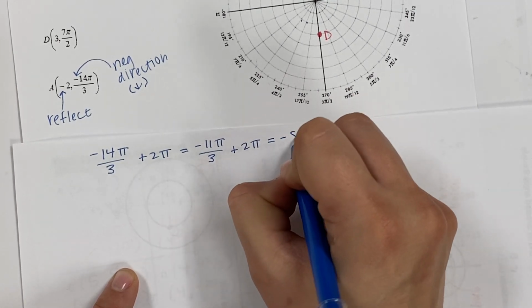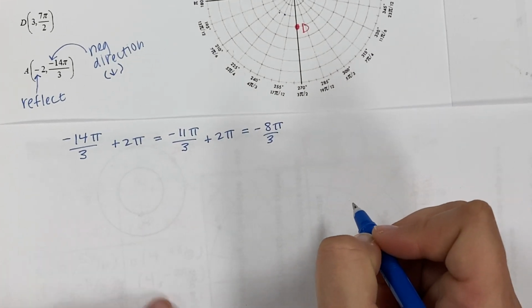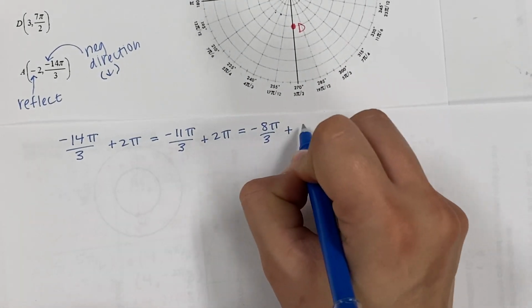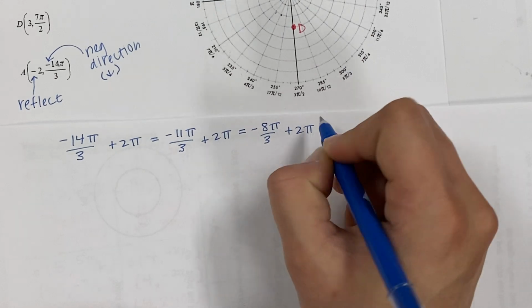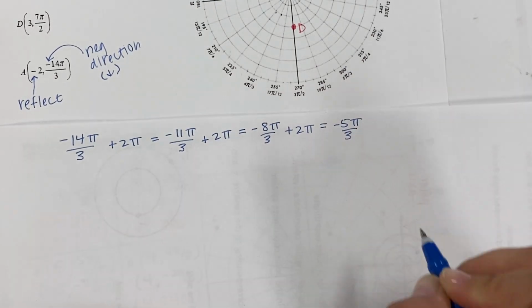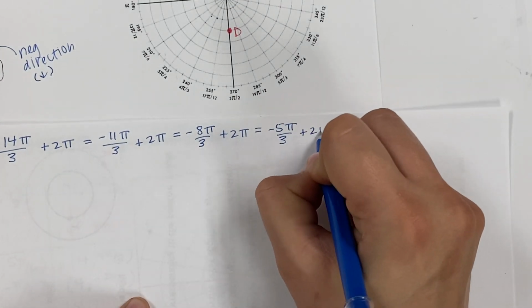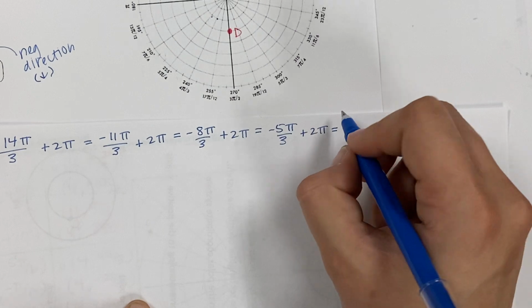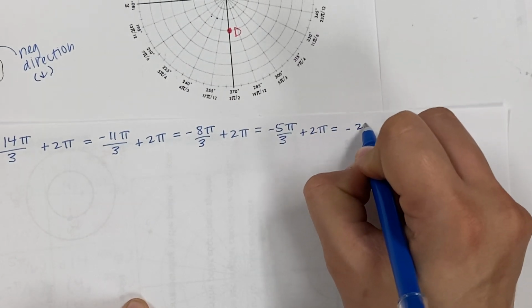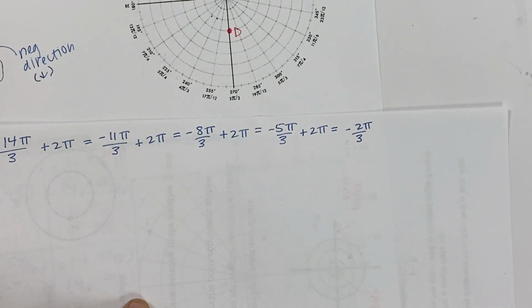And that's -8 pi over 3. Getting closer, but that's still not on my unit circle. So let's add 2 pi again. And you would have gotten -5 pi over 3. And that's on my unit circle, but you can make it easier by adding 2 pi again to get -2 pi over 3.